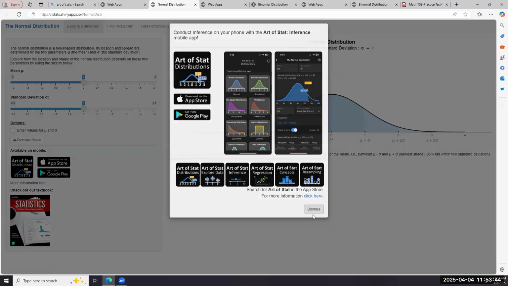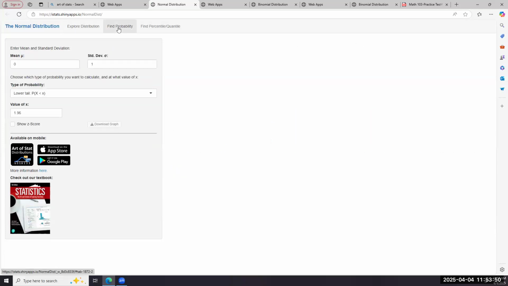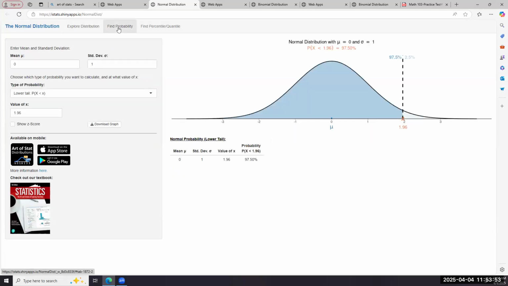You push find probability, and you have to be careful here. This is the mean and the standard deviation for the problem. In this case, just the area, so stay with 0 and 1.